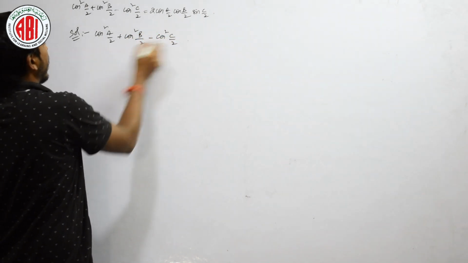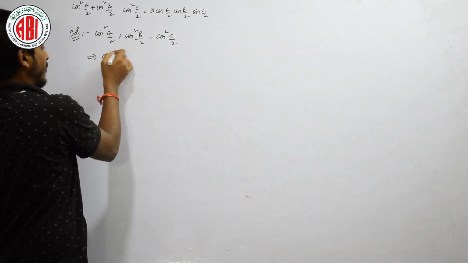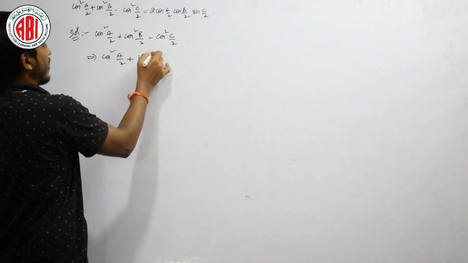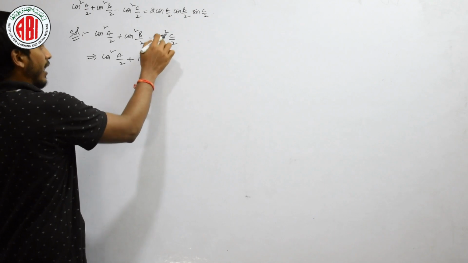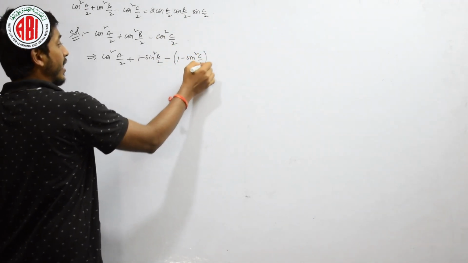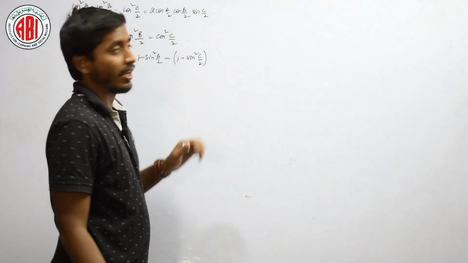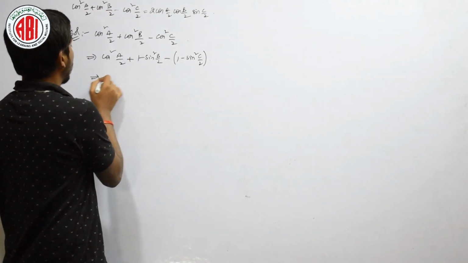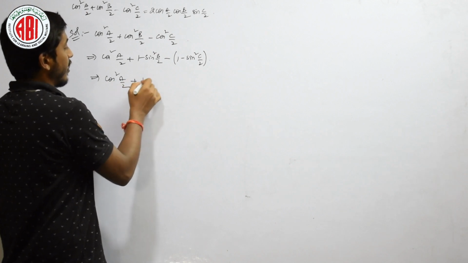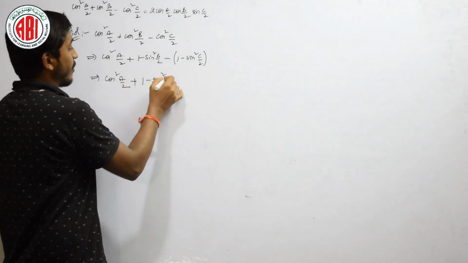See here, let us keep the first term as it is. Let us change this as 1 minus sin square b by 2. Let us change this also as 1 minus sin square c by 2. Is it okay? Now this will become cos square a by 2 plus 1 minus sin square b by 2.